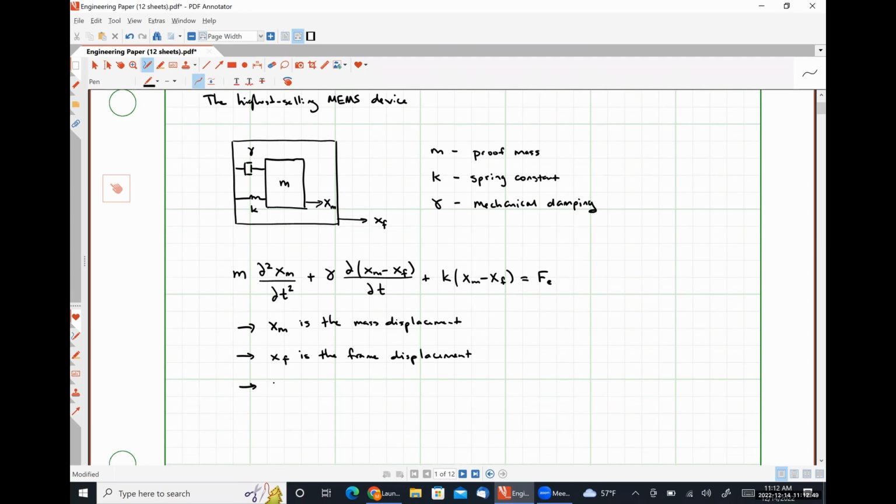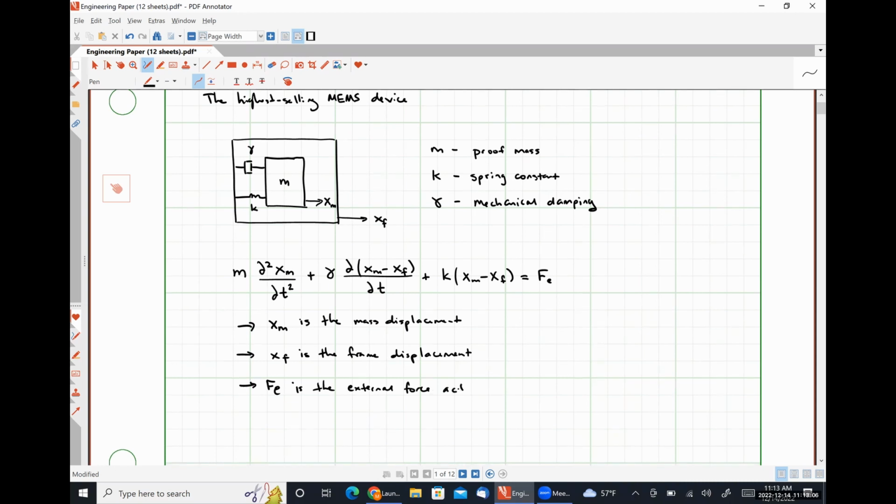And Fe is the external force acting on the mass, really acting on the system. Acting on the mass. Okay.